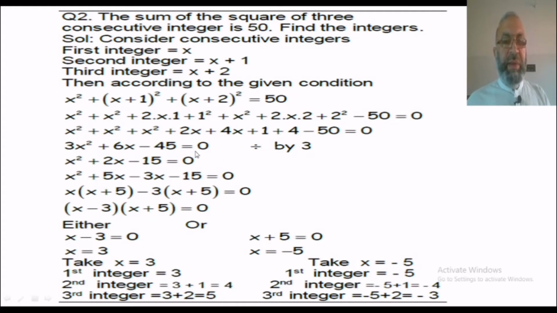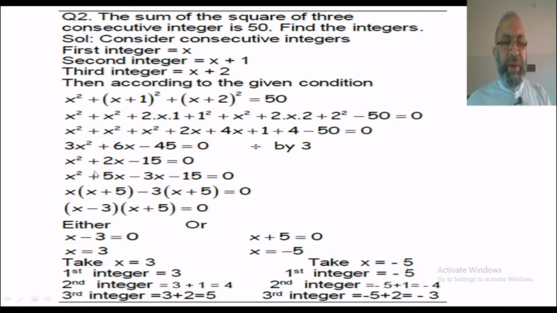So 3 is common, divide the whole equation by 3. We get the simplified form of the quadratic equation: x square plus 2x minus 15 is equal to 0. Thus we express the real life problem as a quadratic equation. Now we solve this quadratic equation and get the required result.